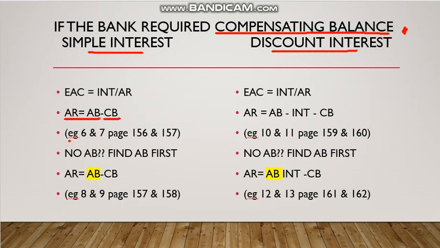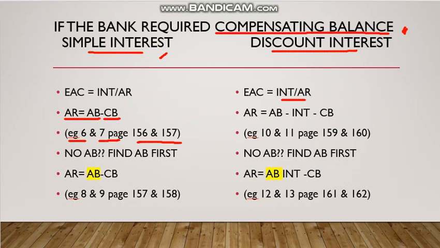Alright, example 6 and example 7 on pages 156 and 157 represent the simple interest but with the compensating balance. But for the discount interest, the EAC is still the same.